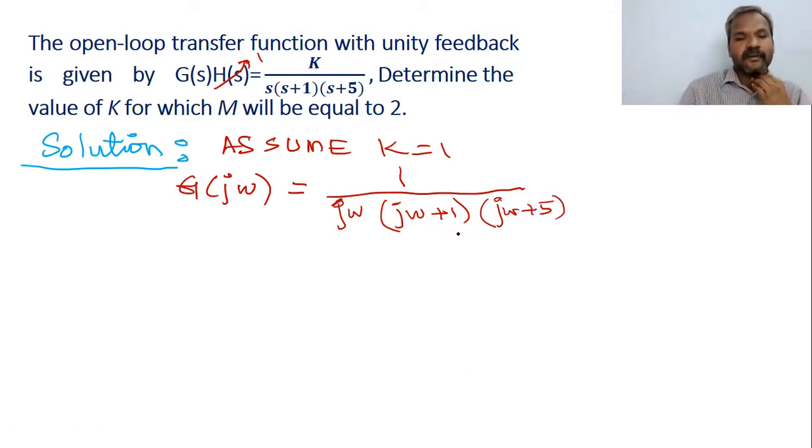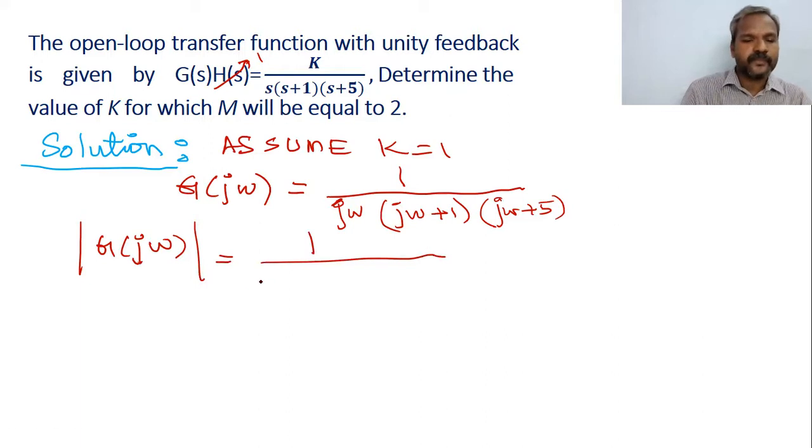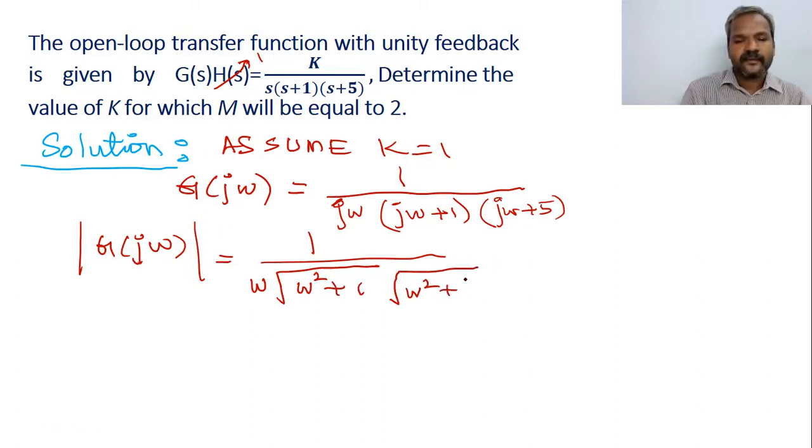First find the magnitude and phase angle. What is the magnitude of G of j omega? Magnitude of G of j omega equals 1 divided by omega into square root of omega square plus 1 into square root of omega square plus 25.